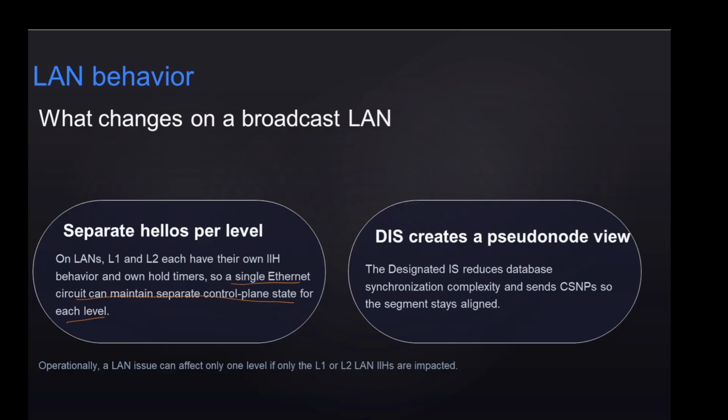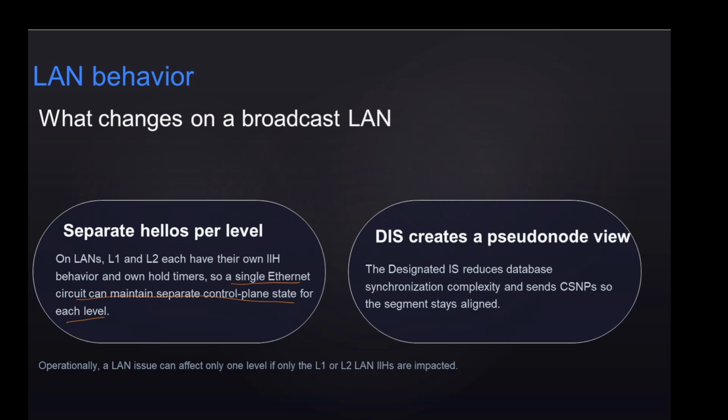One of the very important distinctions between a hello message sent on a point-to-point interface as compared to an interface running broadcast network type is the process of a DIS election on a broadcast network type. Based on the IS-IS priority on that interface, the routers in a broadcast network type will elect a DIS, or designated IS, to reduce the database synchronization complexity.